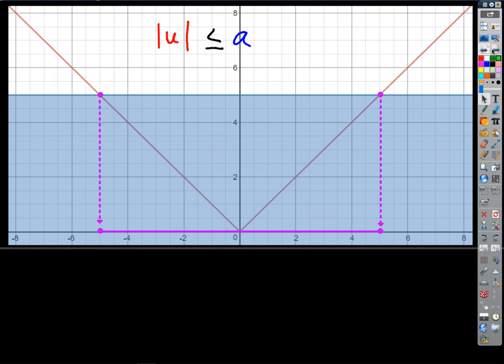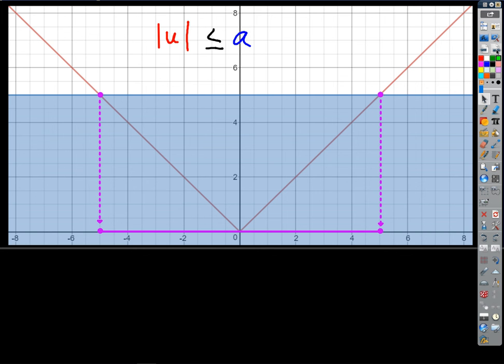So what about this? Now let's look at a different situation. Now we've got the absolute value of some function is less than or equal to some number. We'll just do less than or equal to, but even if the equal to sign weren't there, it would be the same concept, right? Okay, well, what does that mean? The absolute value function is giving me y values, right?